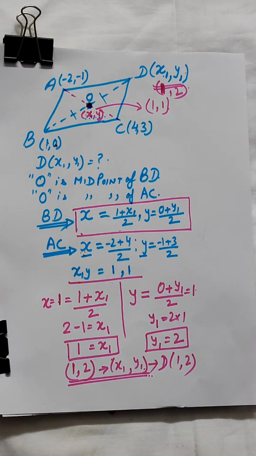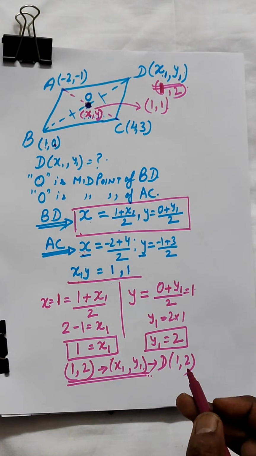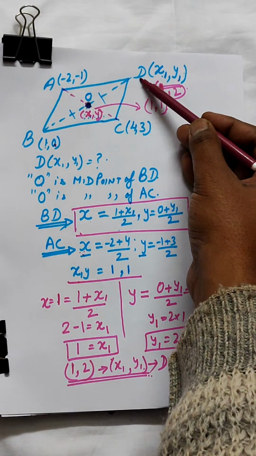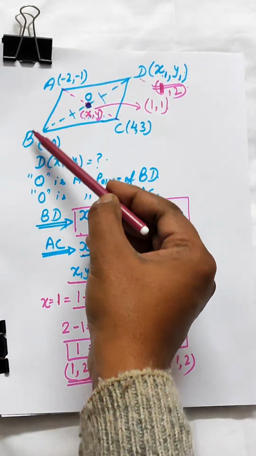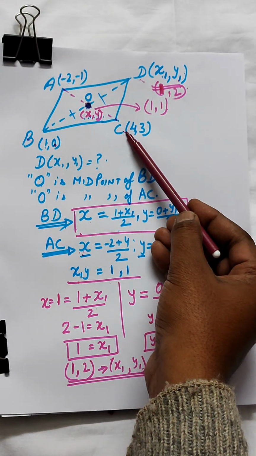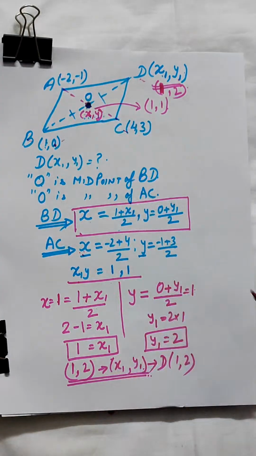Let me see over the chat session. Hello, yes, I want to see if you want to discuss any more questions, because we have discussed how to find the fourth vertex of a parallelogram when three consecutive vertices are given, right? We applied the property of a parallelogram that the diagonals bisect each other, right?